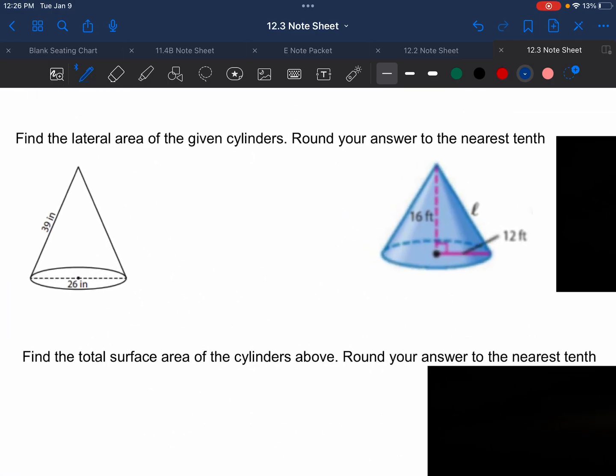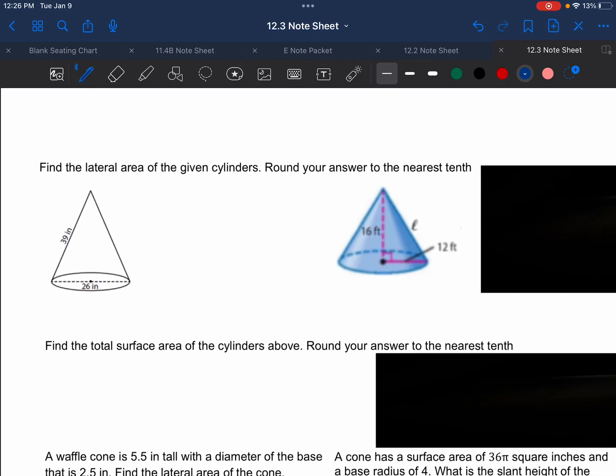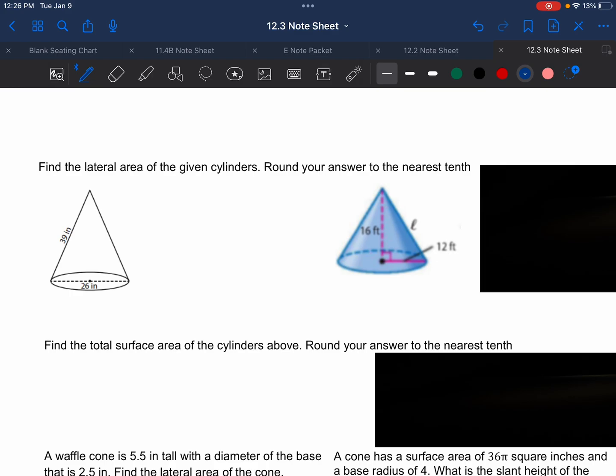Find the lateral area of the given cones, and then below it says to find the total surface area. So let's do both, and then I'll have you do the second one on your own. So let's find the lateral area to start. So the lateral area of a cone is pi RL.